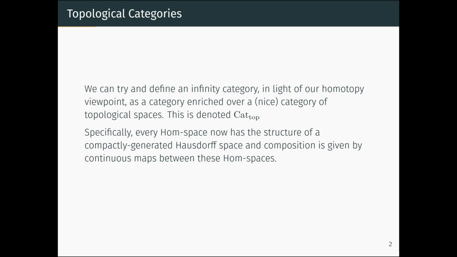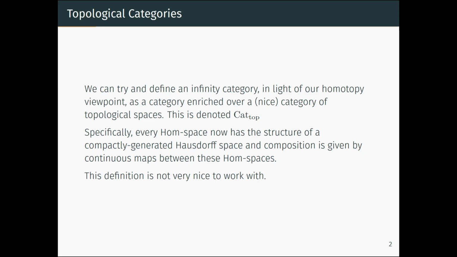We can try to define these from our homotopy theory viewpoint as a category enriched over a nice category of spaces. For this, we're going to choose compactly generated Hausdorff spaces, and we do composition by just taking continuous maps. But this definition is not really good to work with.